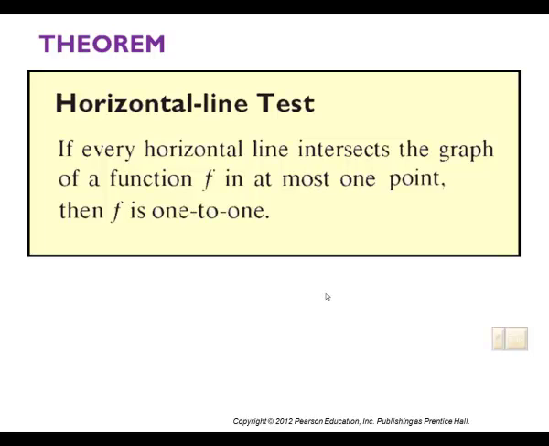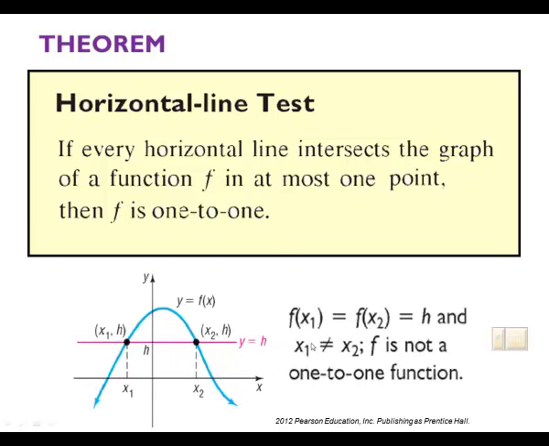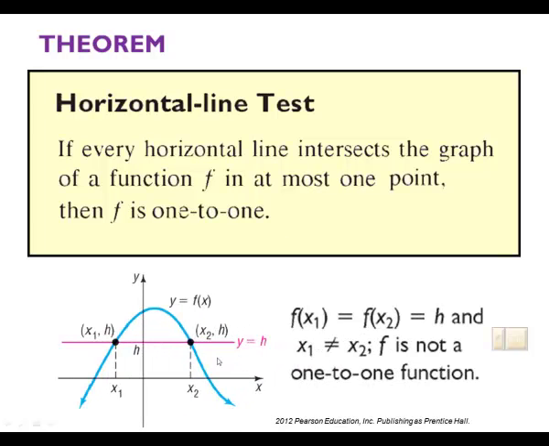Then we would apply the horizontal line test. If the line passes through only one point, then it is in fact one-to-one. Here, for a parabola, the horizontal line passes through 2 points. So even though it's a function, it is not one-to-one.